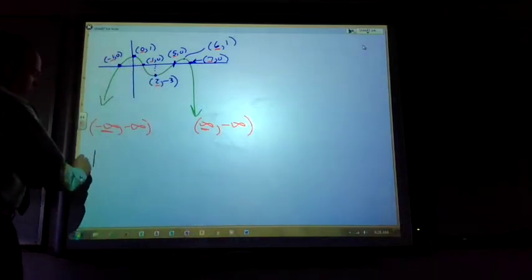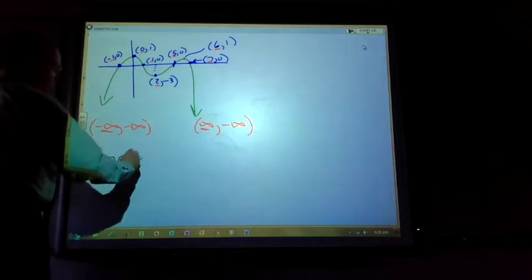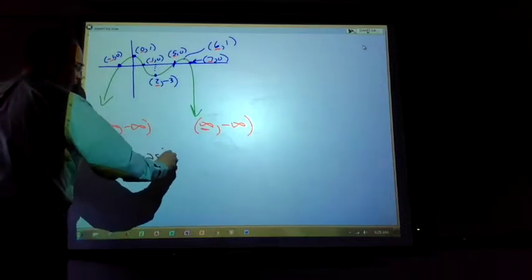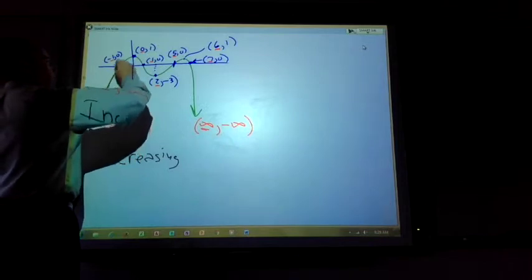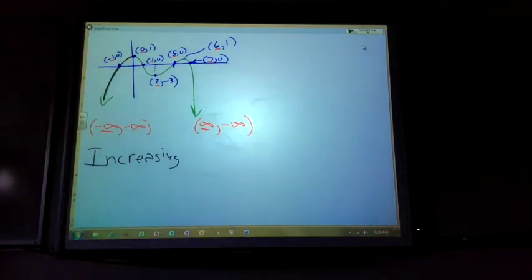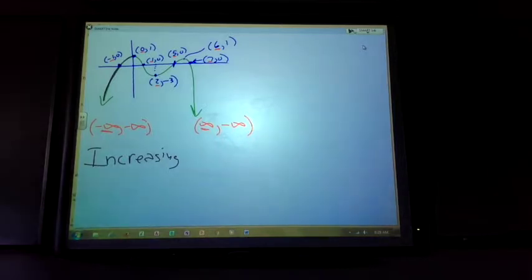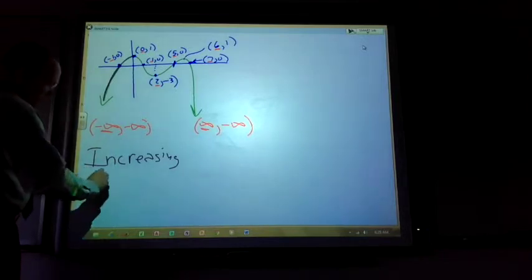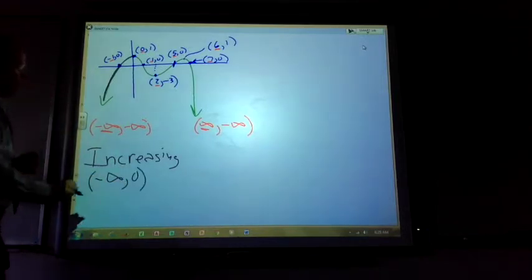First thing I want to do is, in black, increasing. So I think from here to here, increasing so far. Does that seem okay so far? Using terms of x, I'm increasing from what intervals? -infinity to 0.